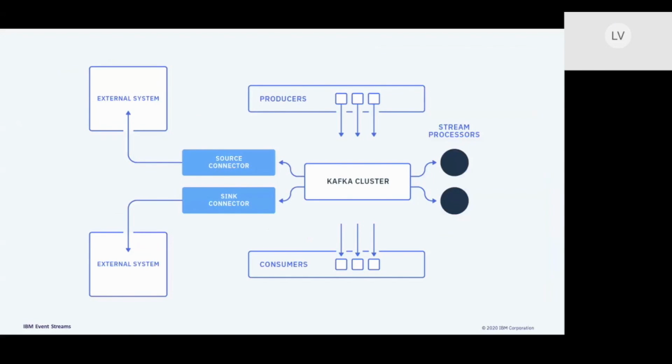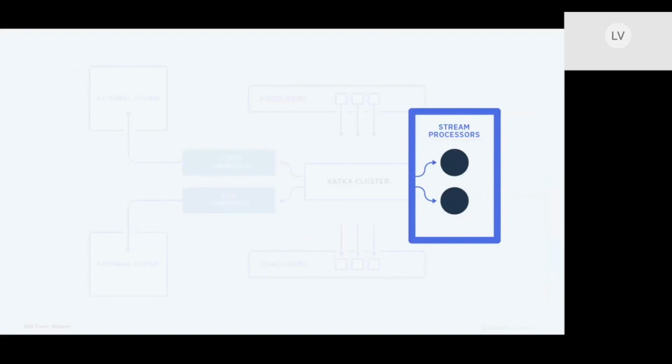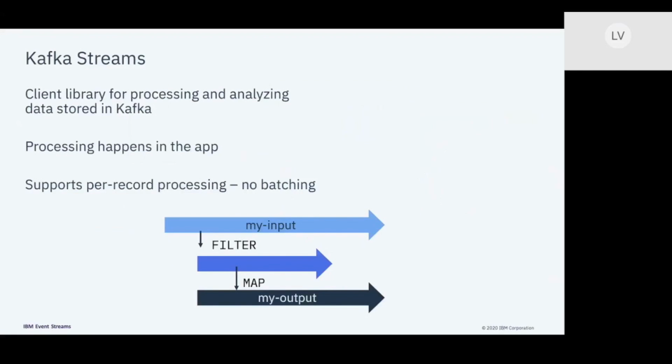So let's talk now about the stream processor. This is when you want to do some updates, or you just want to filter the information sent by the producer and export it in a different way to the consumer. There are several options, filter and map.